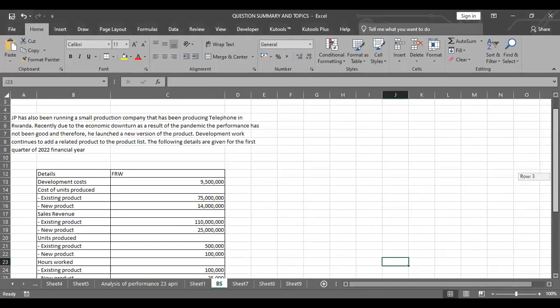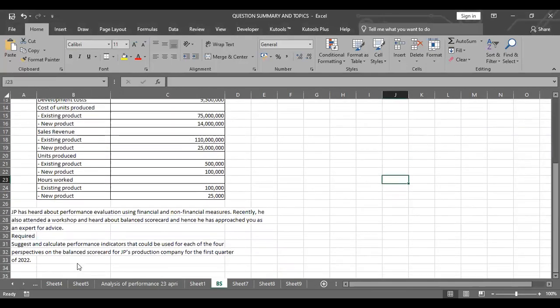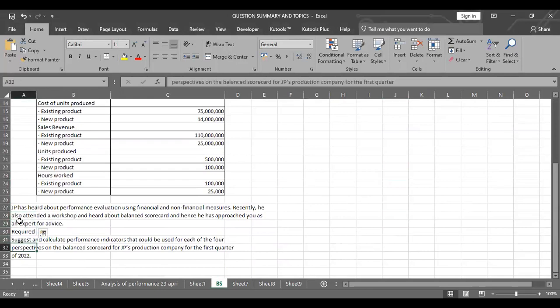Now we can go through that quickly just to make sure that you have an idea. So required is that we need to have these factored in, and of course explain the perspective involved in that, or of the 4 perspectives in the balanced scorecard.